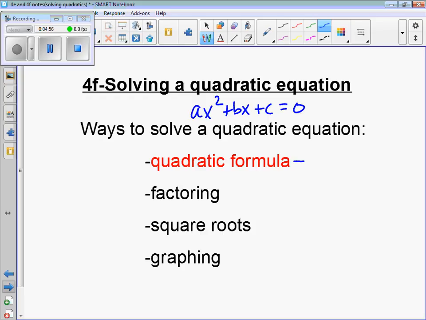We're also going to solve by factoring, which only works if you can factor the quadratic equation. Square roots have a special case also, and graphing only works if you have rational solutions.